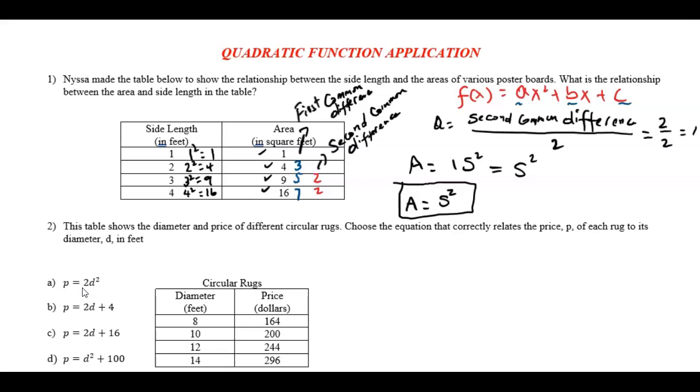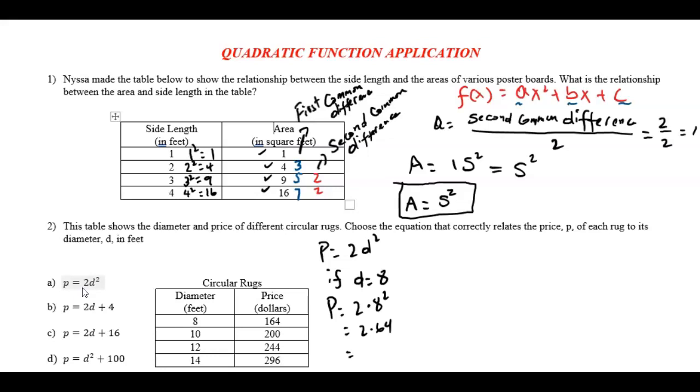If P equals 2 D squared, where P is the price and D is the diameter, and if the diameter is 8, then P equals 2 times 8 squared. 8 squared is 64, so it equals 2 times 64, and 2 times 64 is 128. 2 times 4 is 8, 2 times 6 is 12.